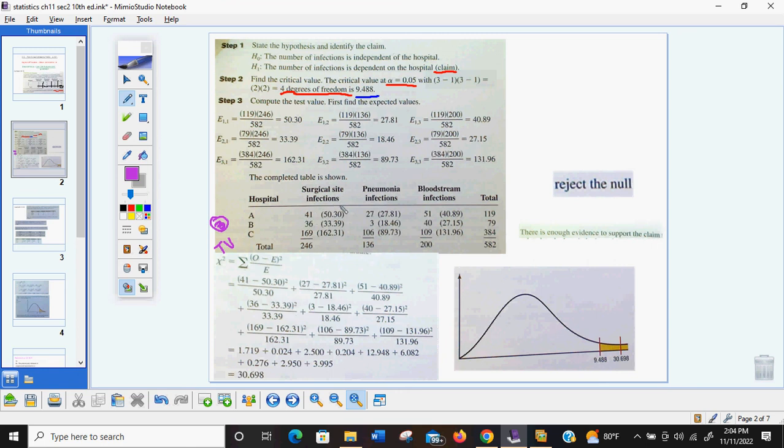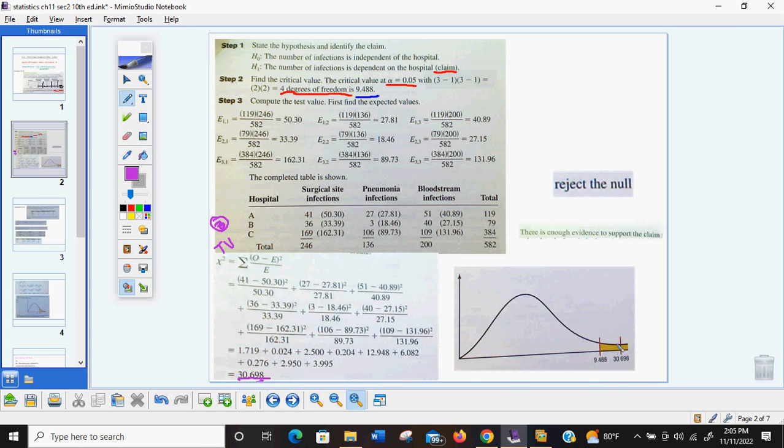So 41 minus 50.3 squared divided by 50.3. 27 minus 27.81 squared divided by 27.81. Then you're going to do 51 minus 40.89, square that, divided by 40.89, and so on. You're going to do this 9 times. Add them up.